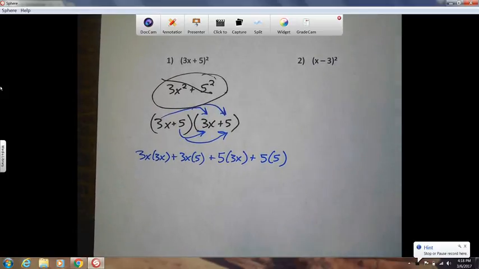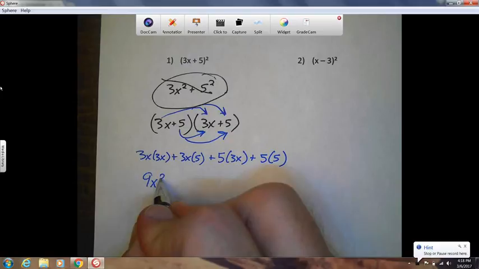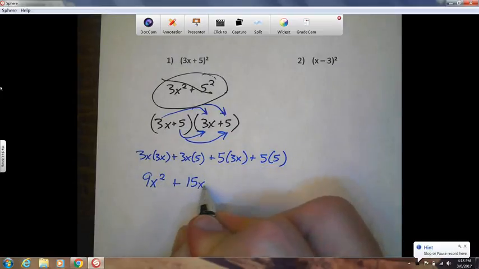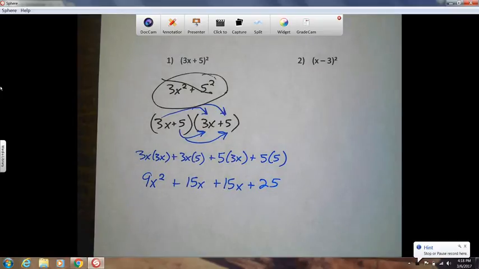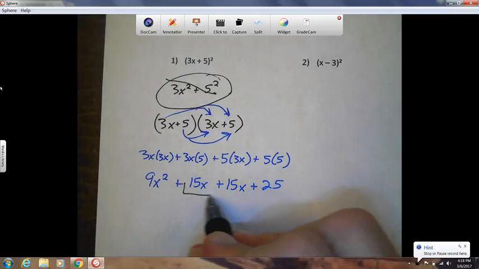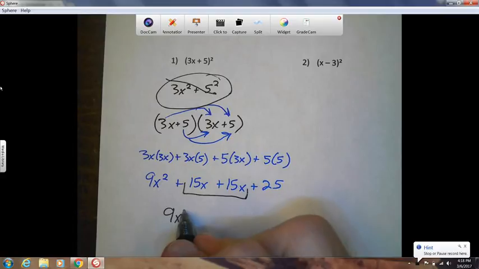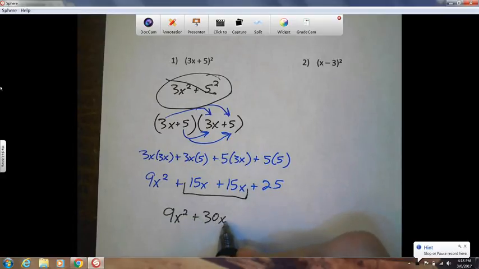So I have 9x squared plus 15x plus 15x plus 25. I have some like terms here. 9x squared plus 30x plus 25.